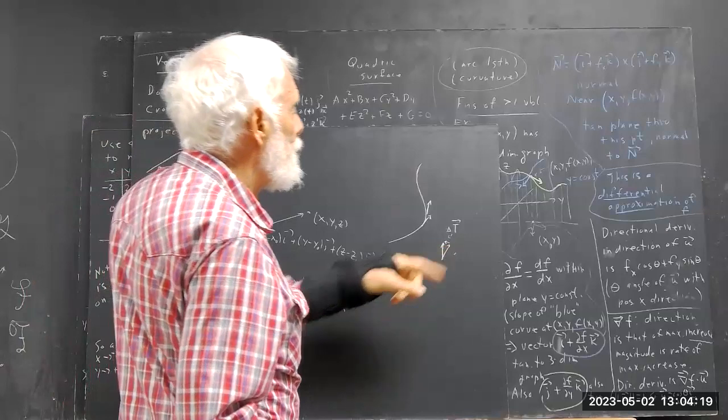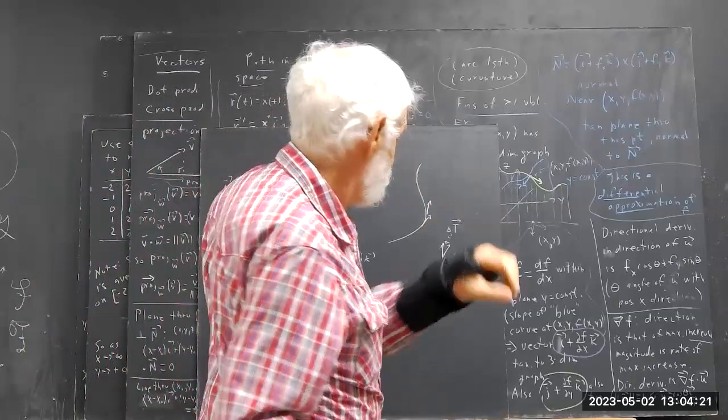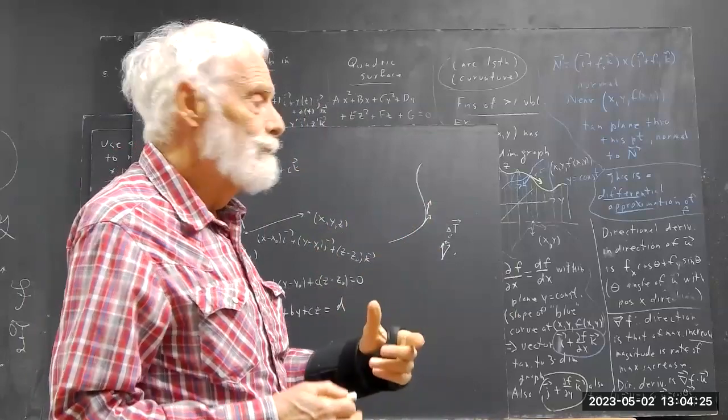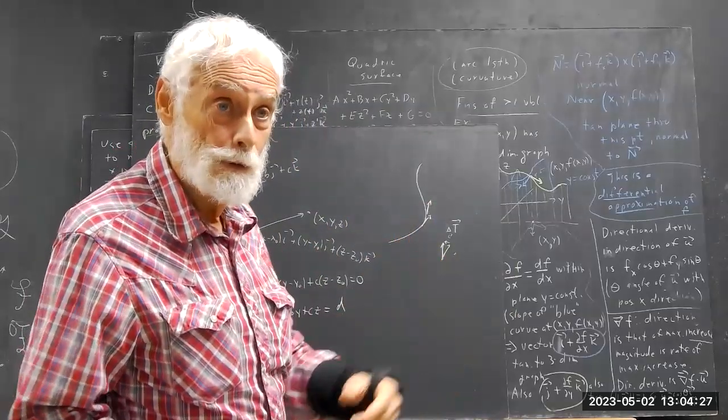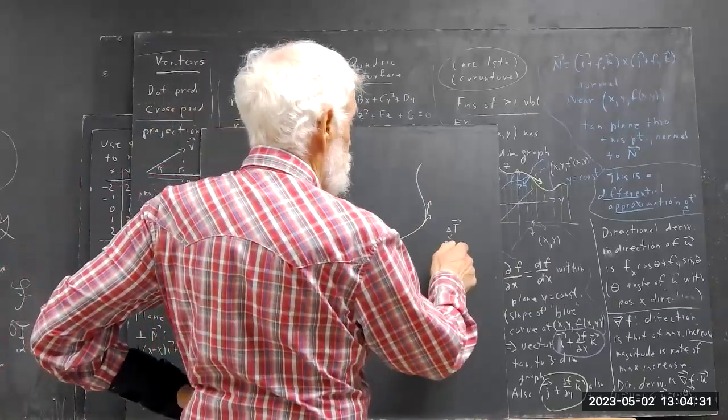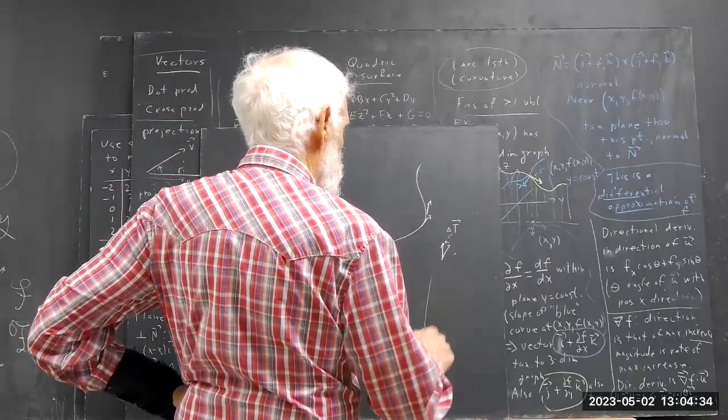In the limit, as your interval, your delta u, shrinks to zero, that vector is going to be perpendicular, because this is an isosceles triangle.